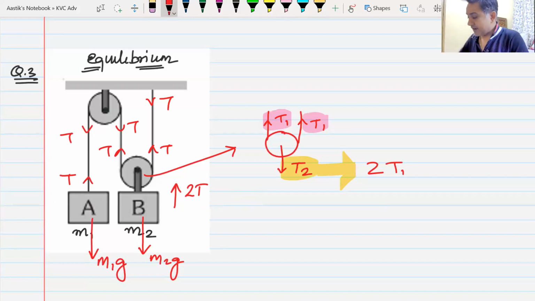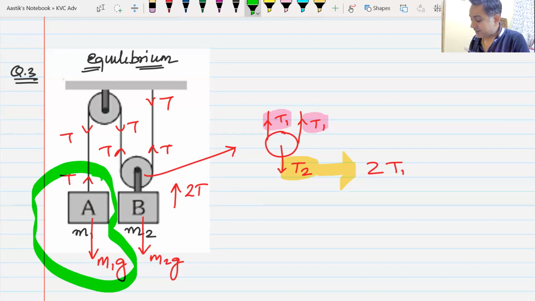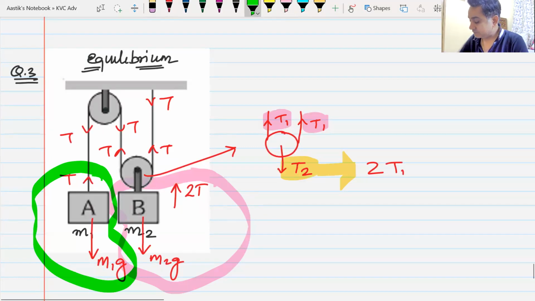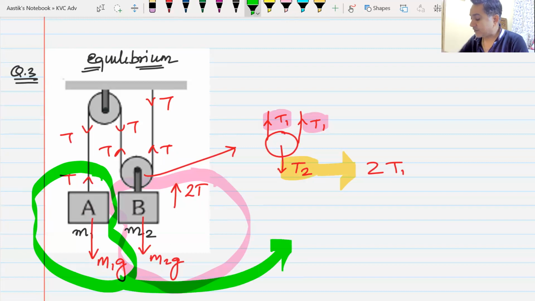So now I can write, look at this graph. This is the free body diagram of body 1, the green one, and the pink one is the free body diagram of body 2. Do we understand this? Yes, sir. From the green one, I can write T is equal to M1g, yes or no?